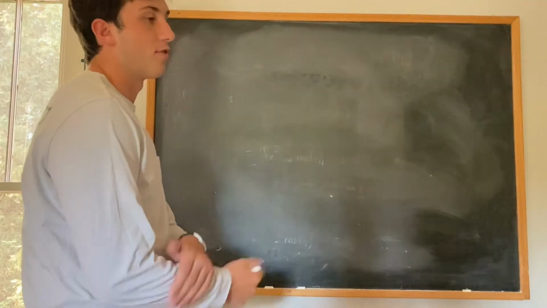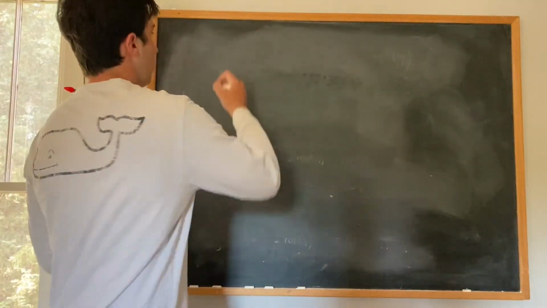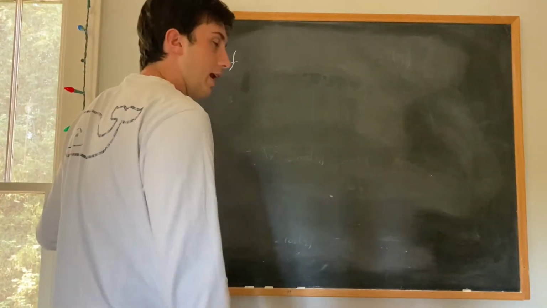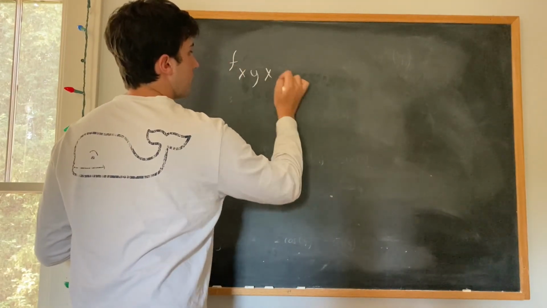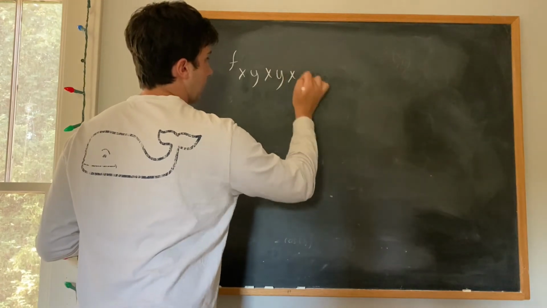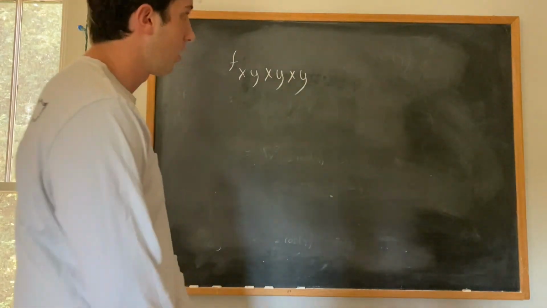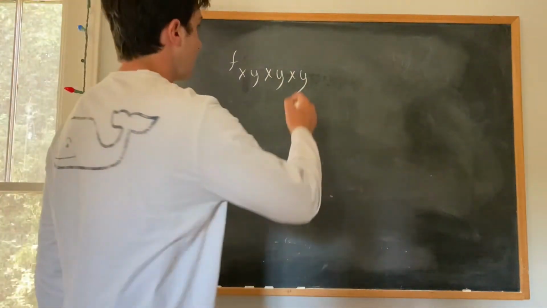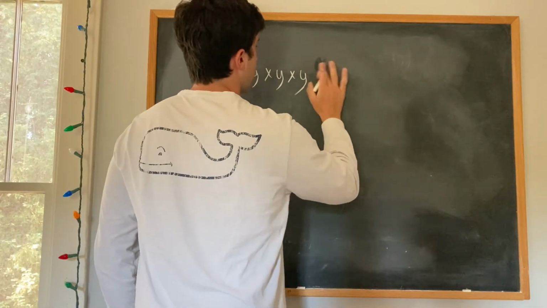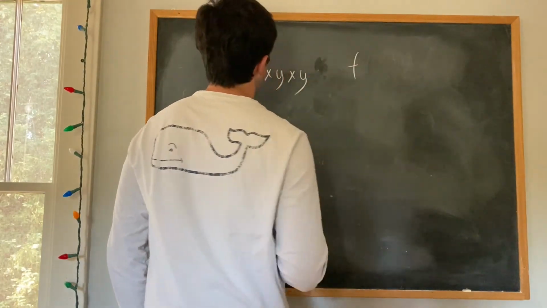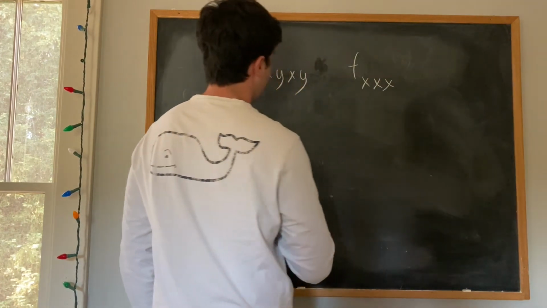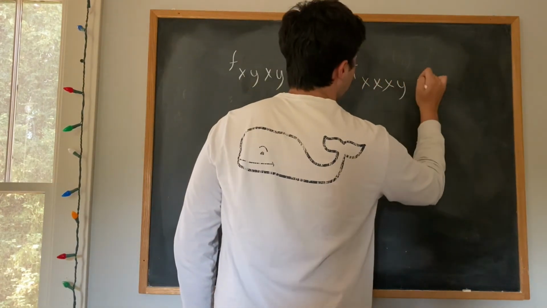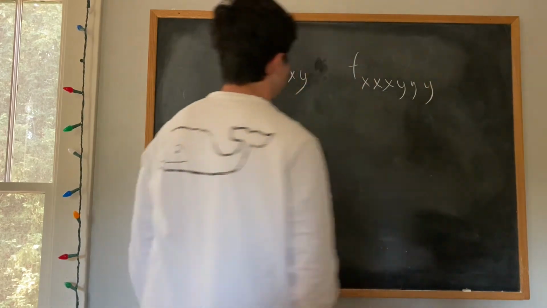So for example, let's say I have a function and I'm going to first take it with respect to x, then y, then x again, then y again, then x again, then y again. If I take that same function and I take it with respect to x, then x again, then x again, and I take it with respect to y, then y, and then y again.